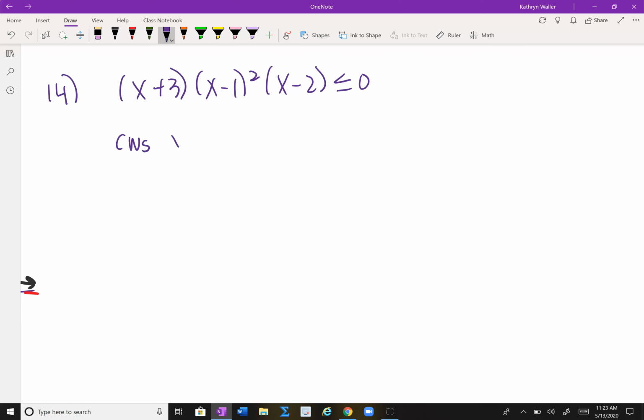So your critical numbers are x equals -3, +1, and +2. The signs are not going to alternate because you have an exponent that's bigger than 1, so you're going to have to test every region. So -3, +1, +2, closed circles like that.